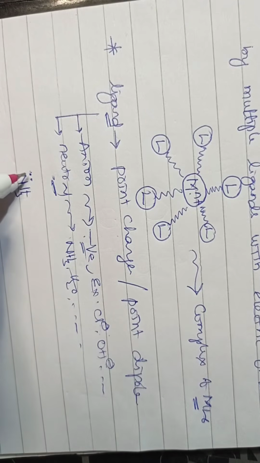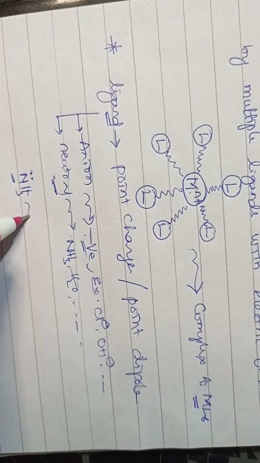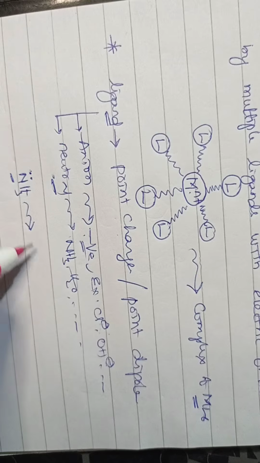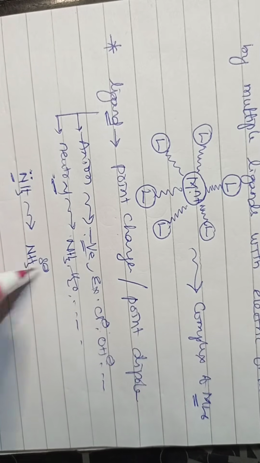The electrons are negatively charged, so when this moiety is polarized, it will carry a partial negative charge.